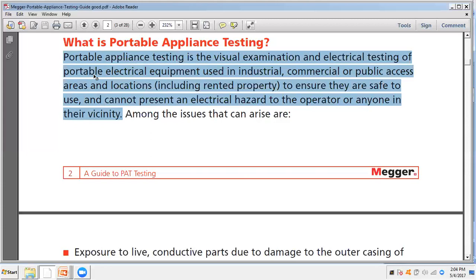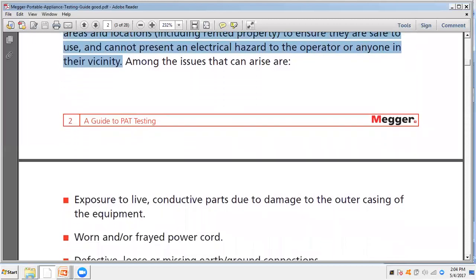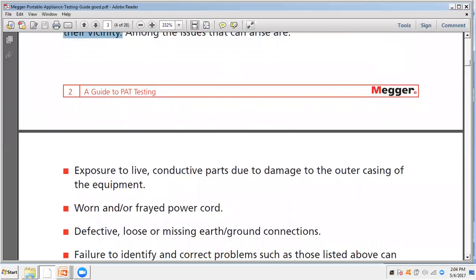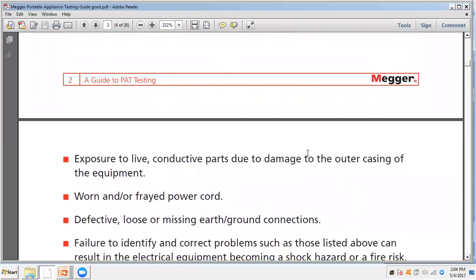So this is the main aim why we need portable appliance testing. For the health and safety of the operators who are working on the equipment or who are working around that equipment, a periodic checkup and testing is performed on the equipment. If we do not perform PAT testing, what issues can arise? These are the issues. First, exposure to live conductive parts due to damage to the outer casing of equipment. Second, worn or frayed power cord.